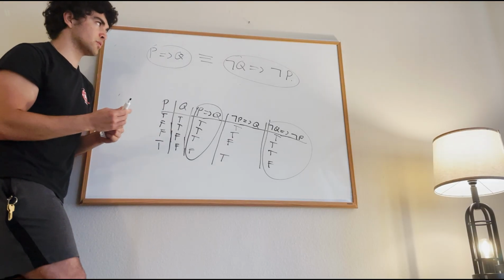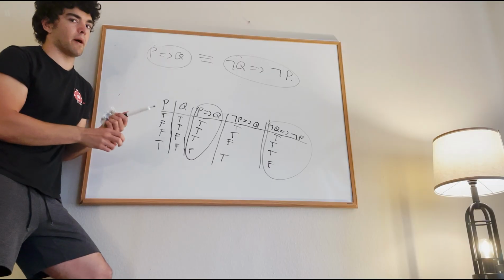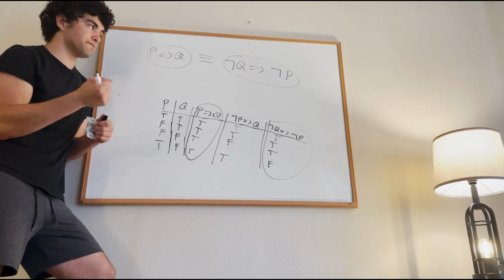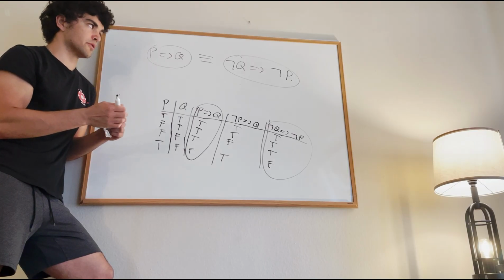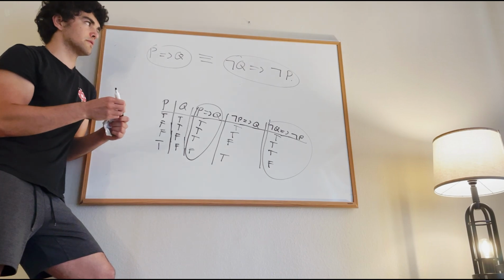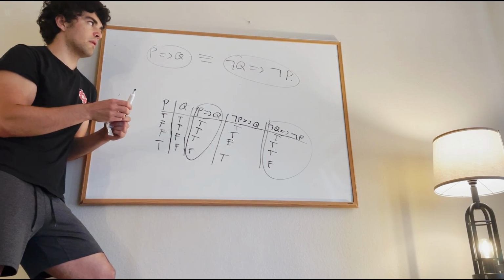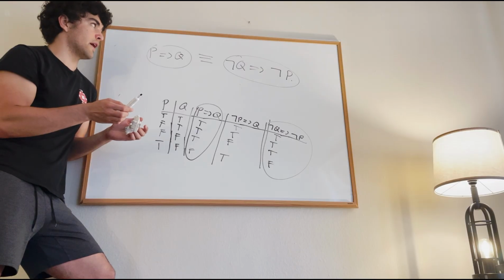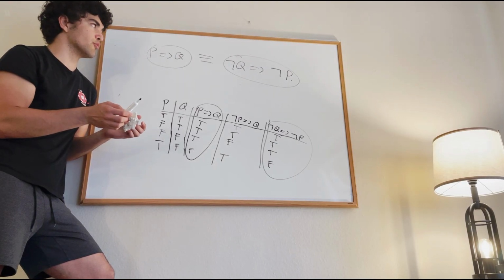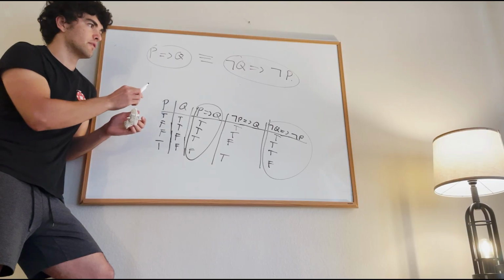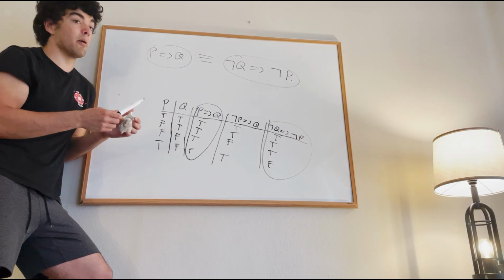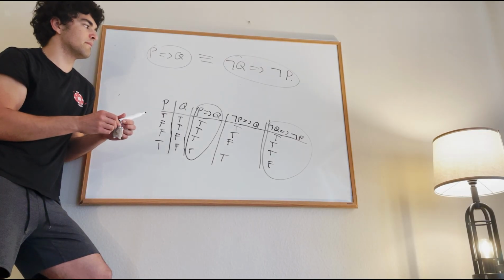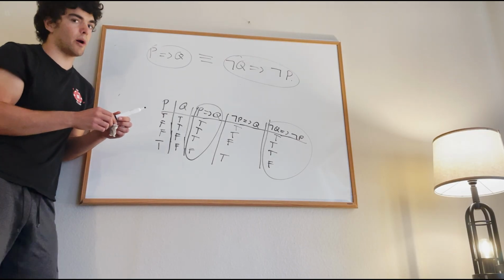So what logical equivalence allows us to do in the context of mathematical proofs is prove things in a more circuitous way, and it might end up being easier than proving it directly. So we can kind of prove things in a roundabout way that might make it a little easier. Yeah, so this is propositional logic.